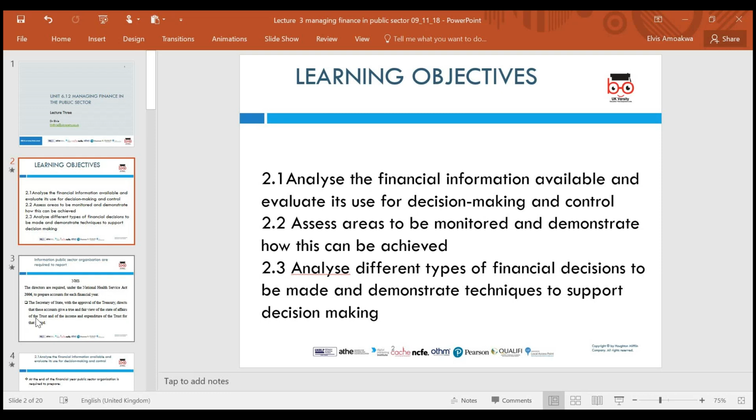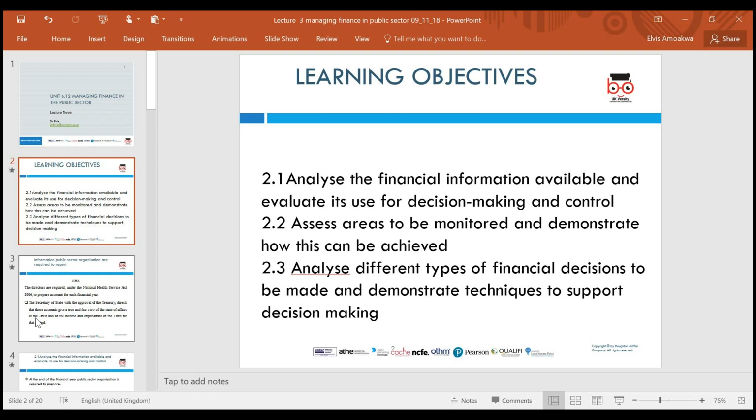I brought in the NHS's financial statement for us to look at. Then we jumped onto 2.3, looking at different financial decision making, whether for investment or any other purpose, and we've assessed areas to be monitored and how we will be able to demonstrate financial accountability. So we've got these three things down.